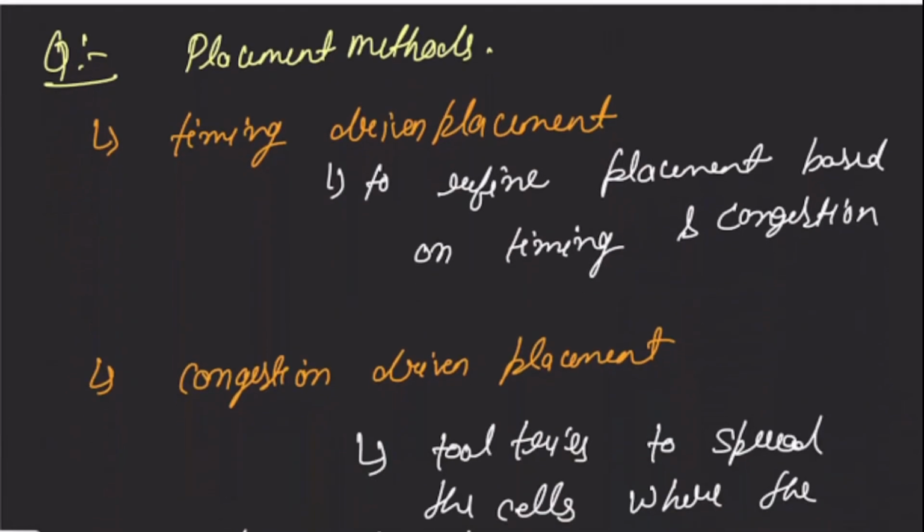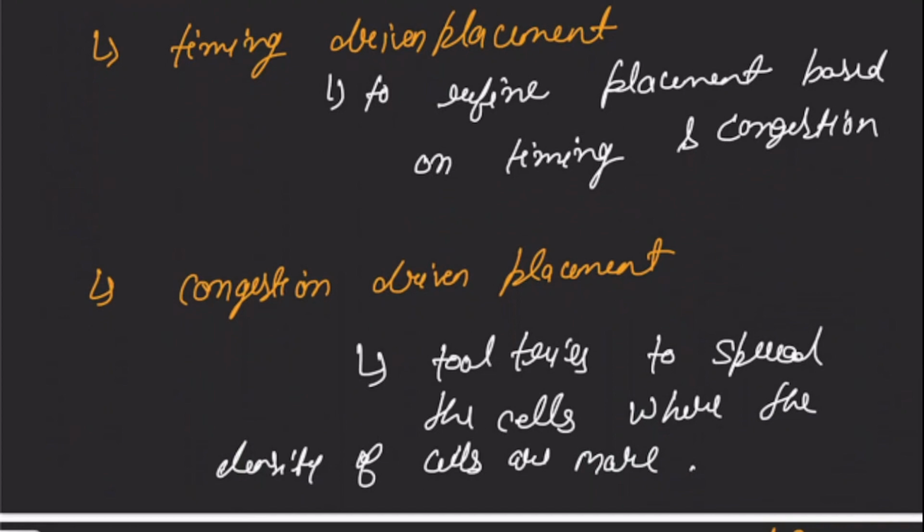Placement methods. If we have timing or congestion issues at the placement stage, then we use a placement method to decrease or minimize the timing or congestion problems. So we use timing driven placement. It will define the placement based on the timing. And congestion driven placement, the tool tries to spread the cells where the density of cells is more.